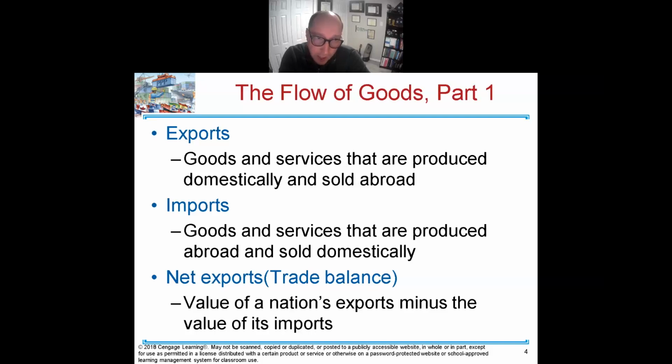The United States then exports that wheat to Japan. So we produced it domestically and we sold it abroad. That's the concept of an export. An import is where we are purchasing goods and services from other countries. For example, the United States imports computers made in Japan, and we sell them domestically.